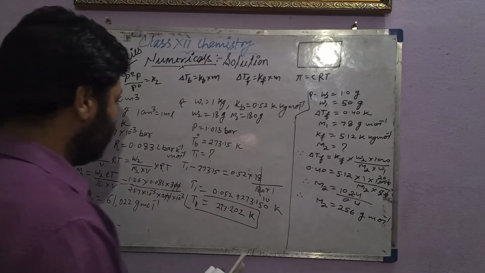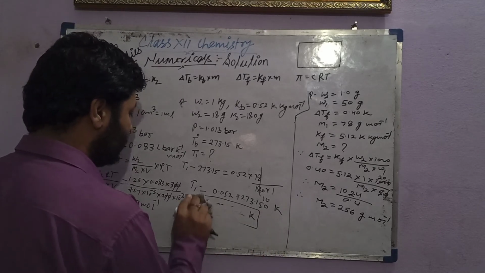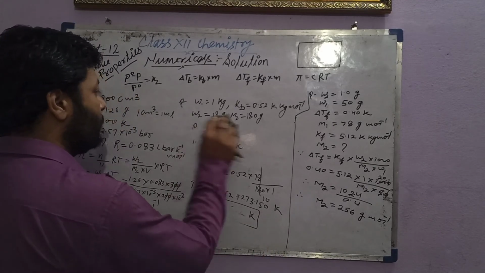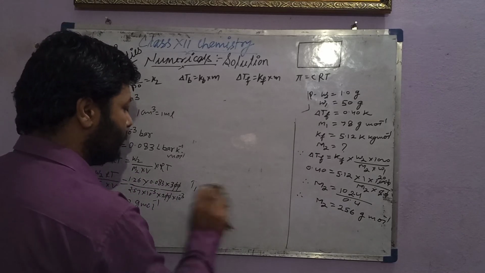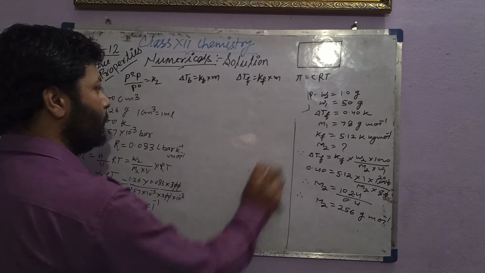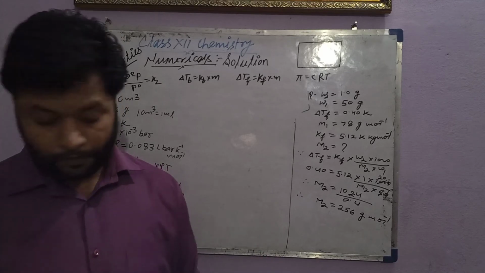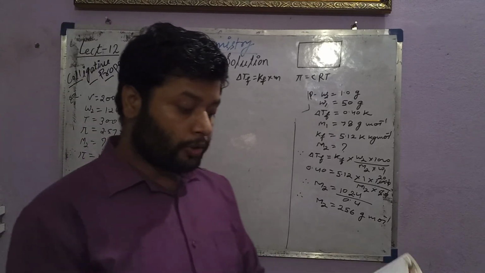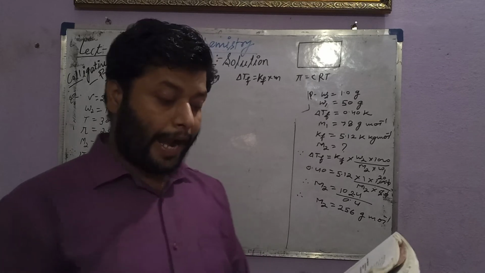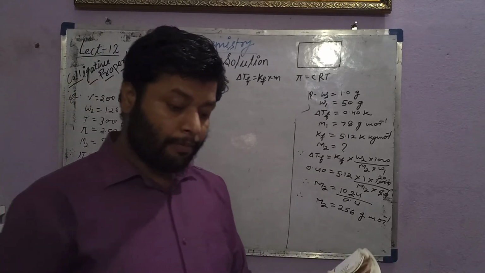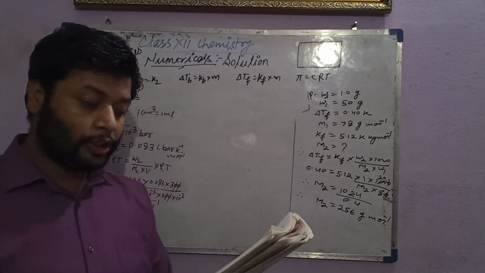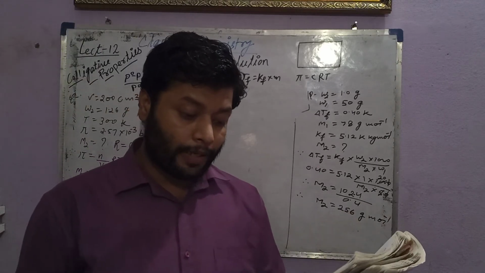The first question is: vapor pressure of pure water at 298 Kelvin is 23.8 millimeter of mercury. 50 gram of urea is dissolved in 850 gram of water.